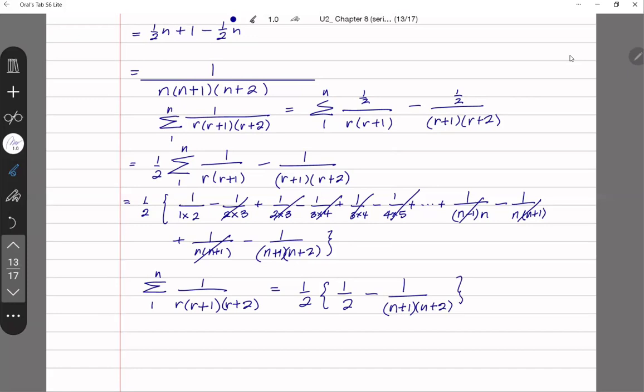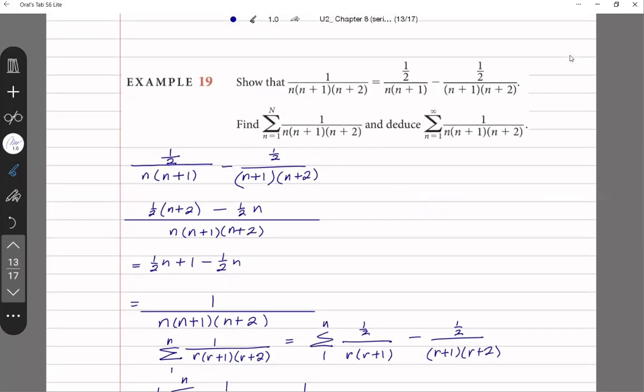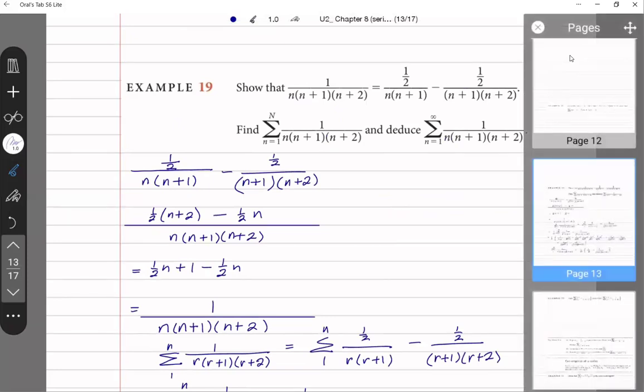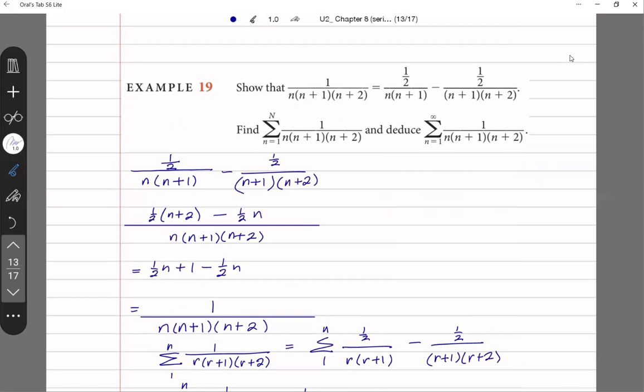All right, so that is what we have. The next thing we're asked to do, after we find the sum, is to find the sum to infinity.